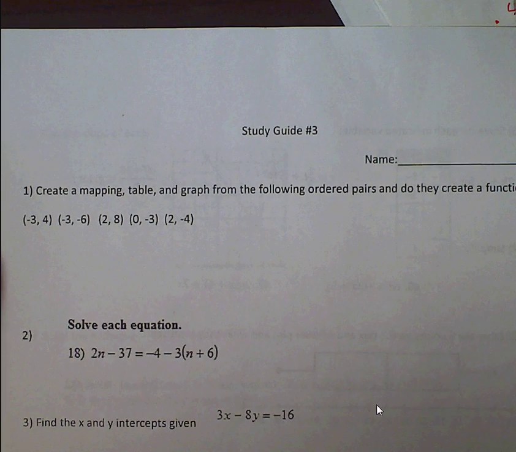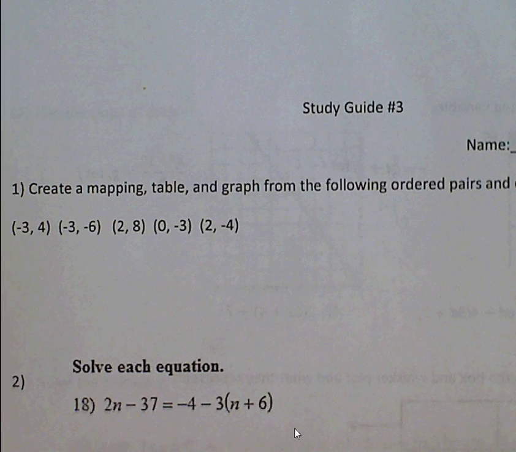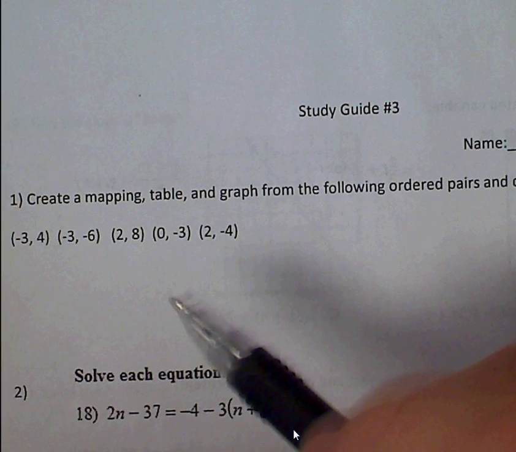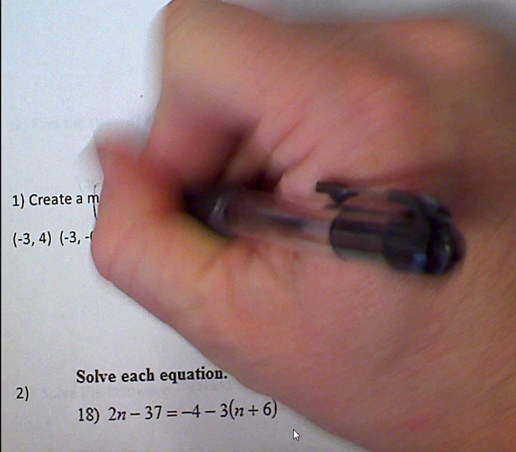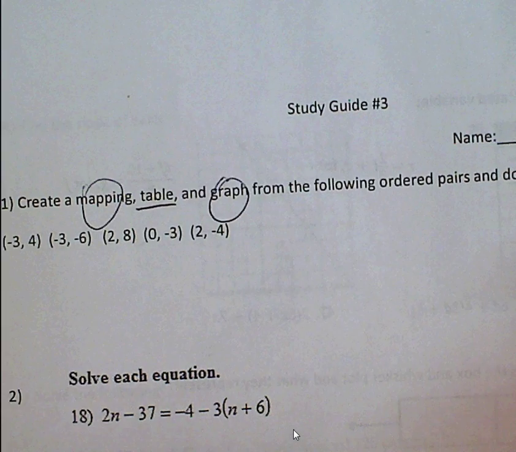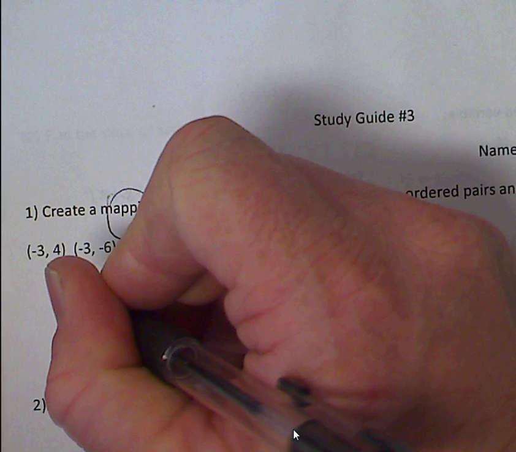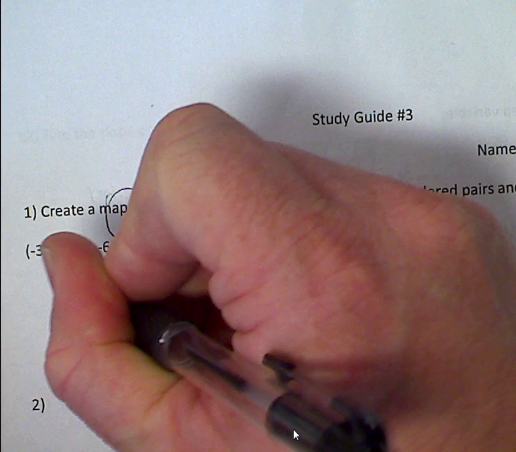Okay, we are on study guide number 3. In study guide number 3, number 1 says create a mapping, table, and a graph from each of the ordered pairs. So if I were to create a mapping with what I am given, I would put domain, range.